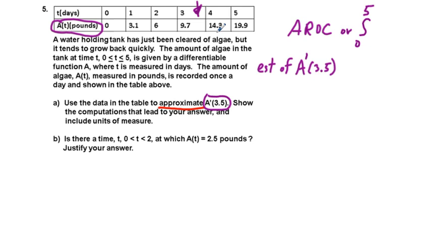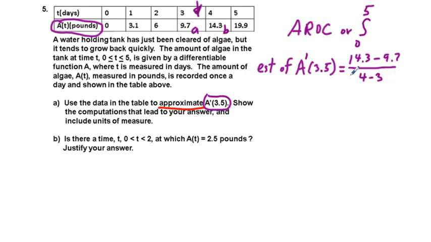What you do is you take on either side. So we'll say this is B here, 4 is B, 3 is A. So we have 14.3 minus 9.7 over 4 minus 3.